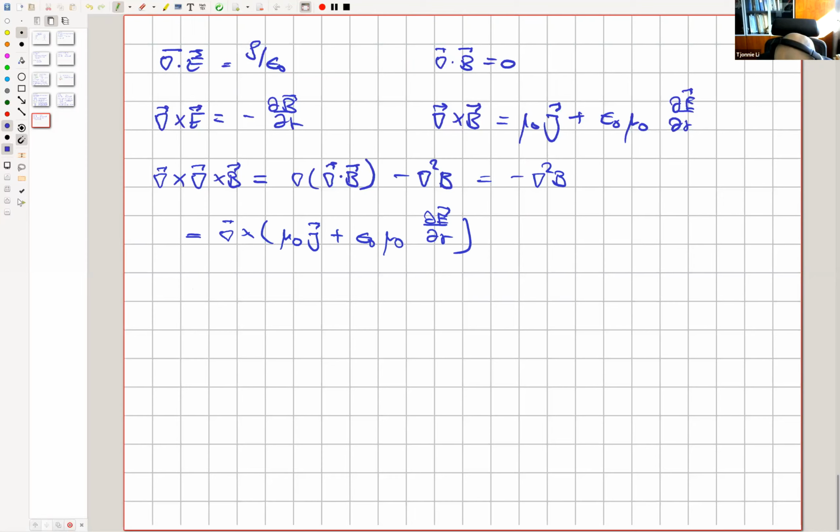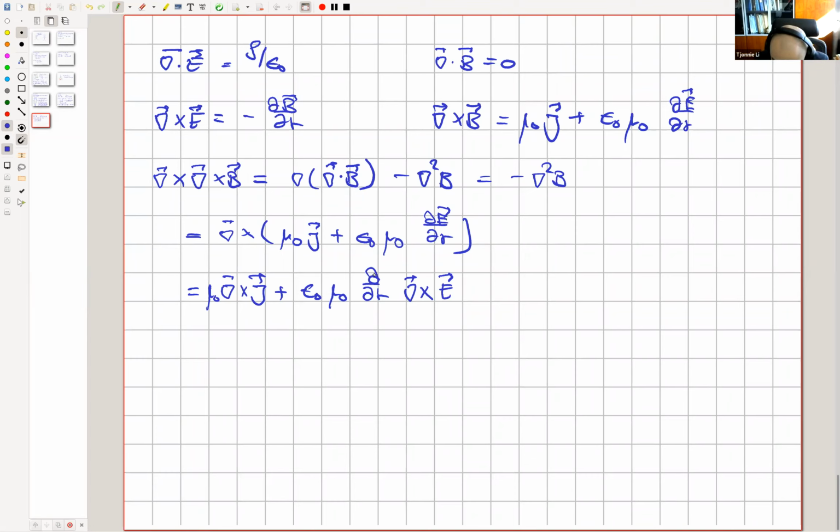Now I can expand this into just the curl of J plus epsilon naught mu naught. And again, I'm just interchanging the time derivative with the curl, because the nabla is just a differential derivative here, a partial derivative, and I can interchange them with the partial derivative with respect to time.